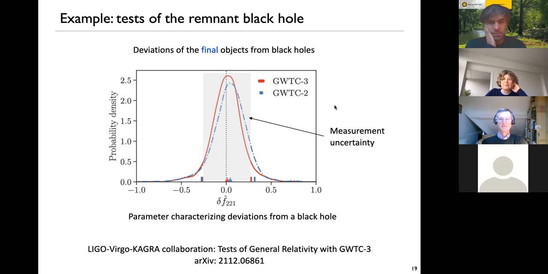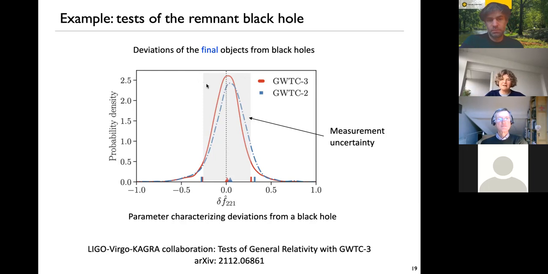And what is important to note here is also that the measurement uncertainty is indicated in gray. In technical terms, it's a 90% confidence interval. But basically, what you should interpret it as is that anything within that measurement uncertainty is consistent with 0.